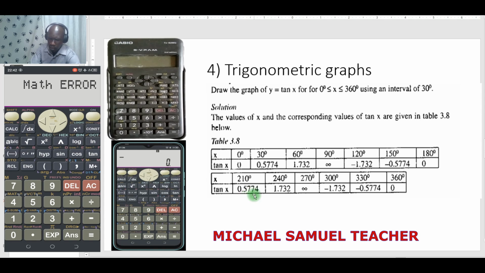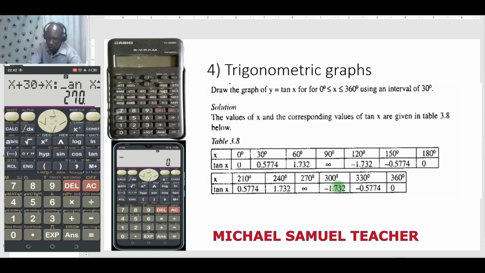That is math error. So in our case, the calculator will give math error since these are infinite values. Remember, there is no change in the x-axis, so you are dividing by zero, which is impossible or undefined. Then just keep on pressing equal sign.